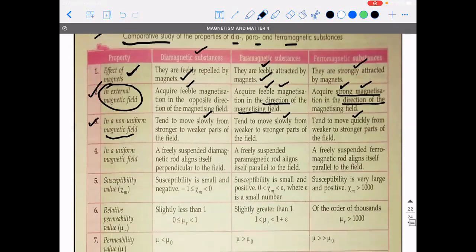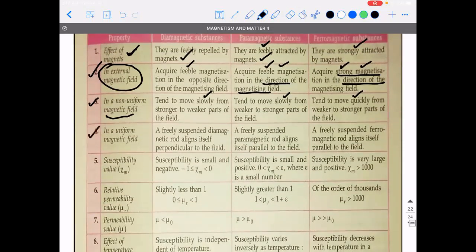Okay, next. What happens in the presence of a uniform magnetic field? Okay, so when it was non-uniform, a diamagnetic substance was trying to align itself in the direction of weaker magnetic fields.